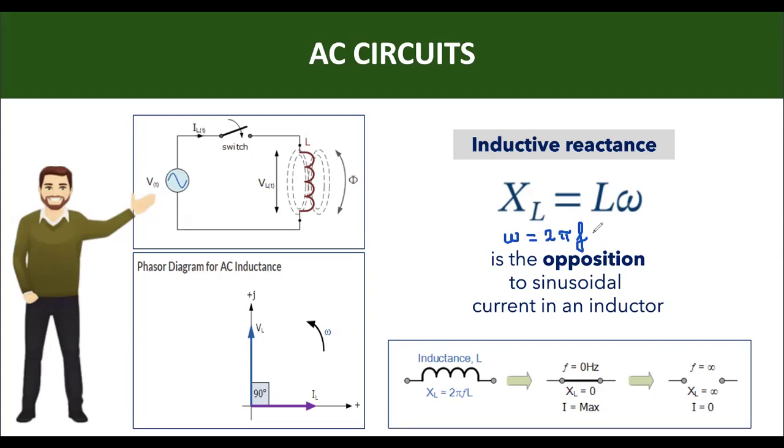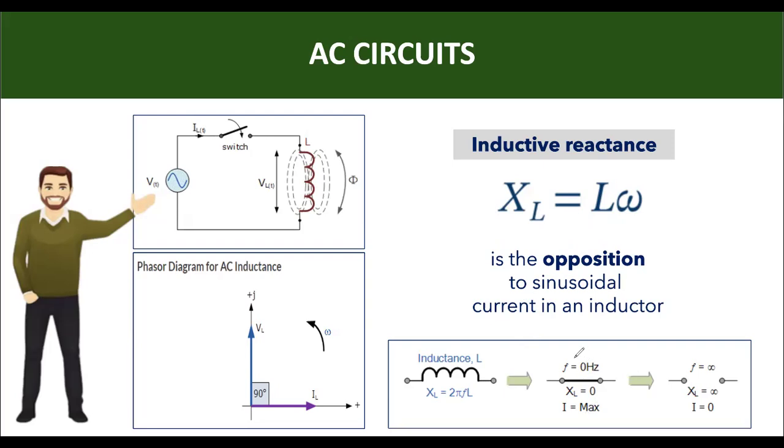So when f is increased, omega is increased, and XL is increased, and vice versa. The XL is the opposition to sinusoidal current in an inductor.